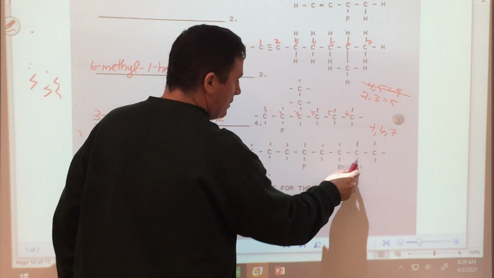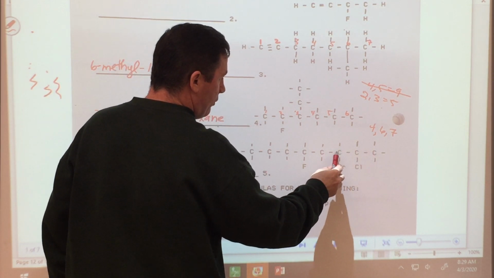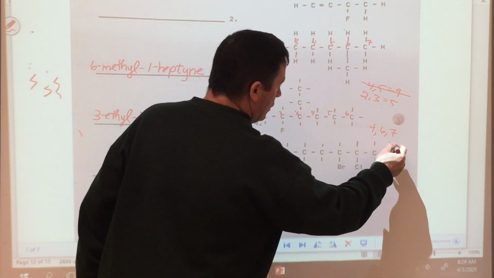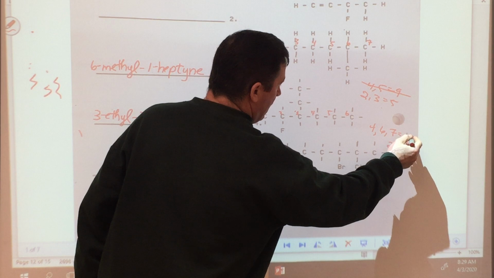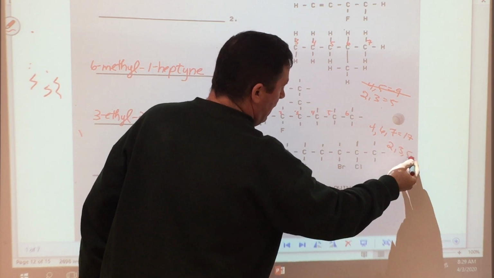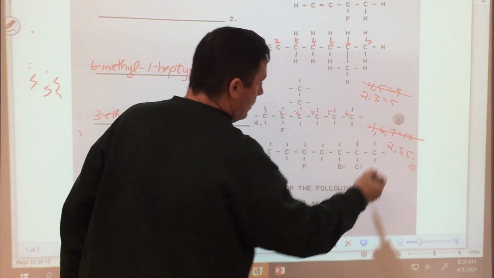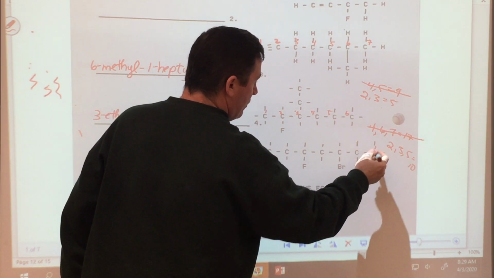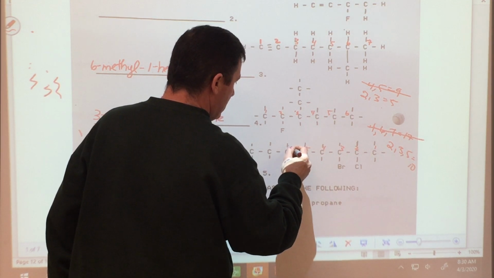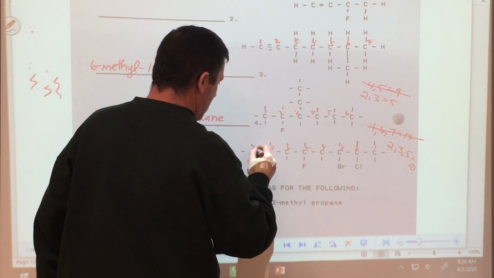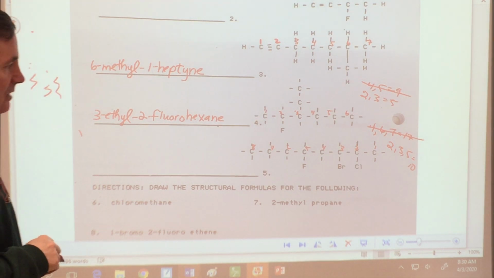Or I could go 1, 2, 3, 5. 2, 3, 5. Well, I've got 17 here and 10 here. This one is what I'm going to take, so I'm going to start from the right. 1, 2, 3, 4, 5, 6, 7, and 8. This is an 8. This is octane.